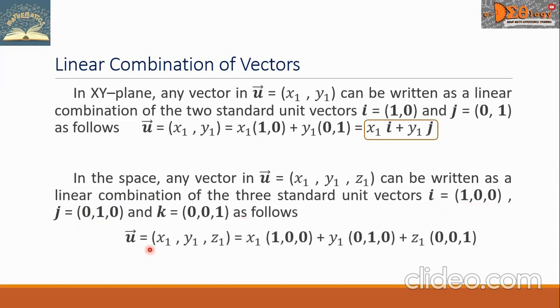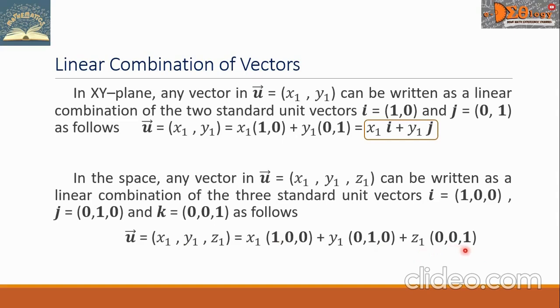Vector u is equal to x sub 1, y sub 1, z sub 1, and this is equal to x sub 1 times the triple coordinates 1, 0, 0 plus y sub 1 times the triple coordinates 0, 1, 0 plus z sub 1 times the triple coordinates 0, 0, 1.